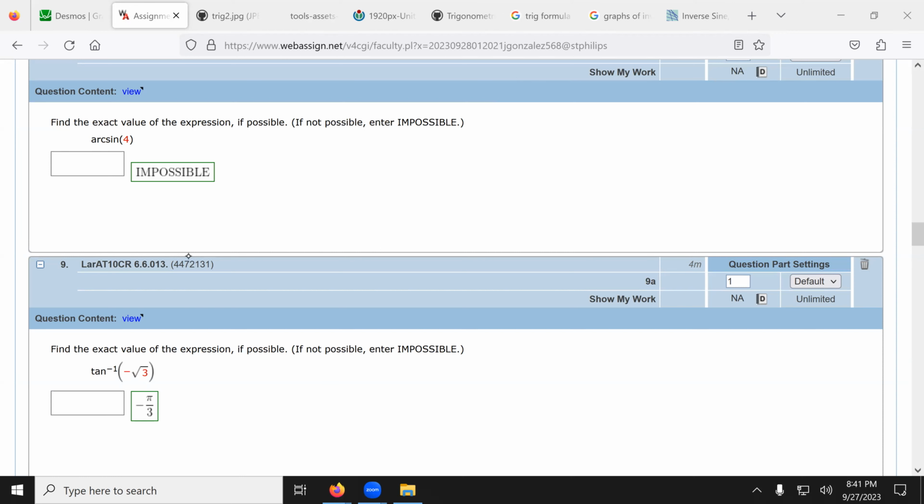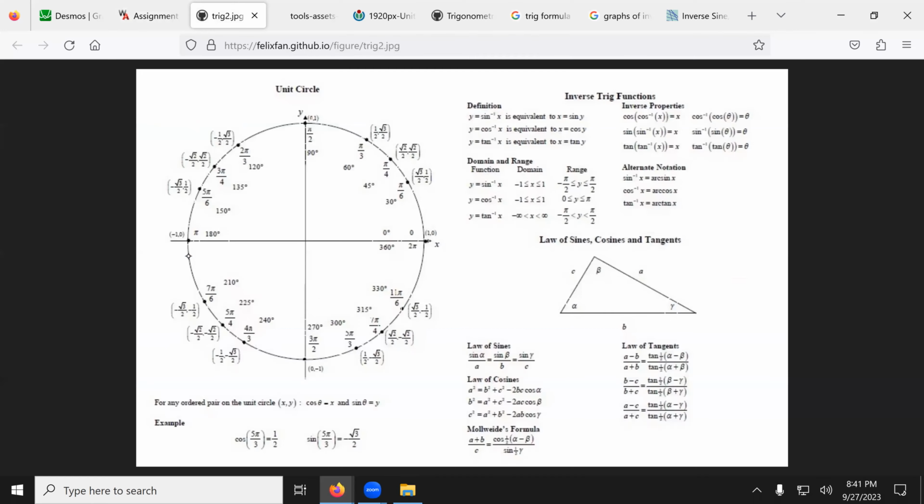-√3. When does that happen? Well, tangent is defined between, the angle outputs would be -π/2 to π/2.